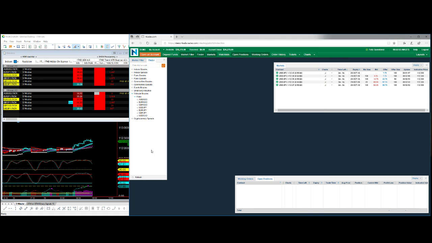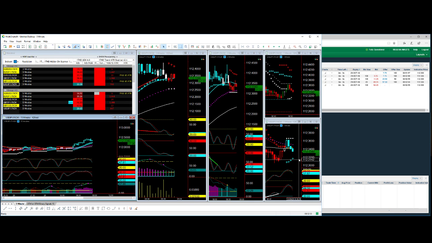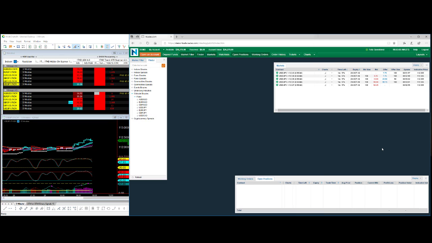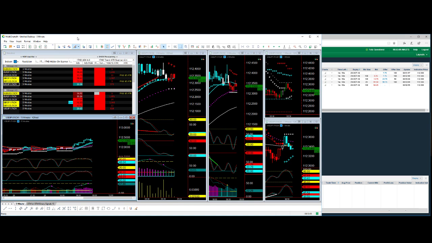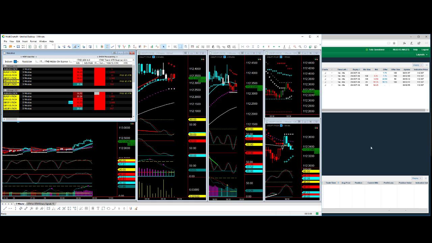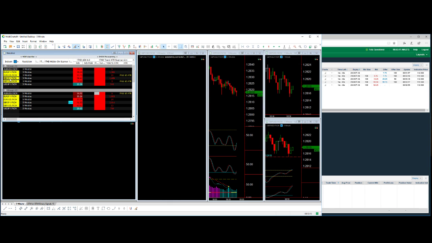And I don't want to do it because if it comes back to 31, it's going to be 31.7, which would be greater than 112.31. I'd be going short. It's not the trade I want. Let's go back and look at the British pound. No, British pound yen, it was moving better.